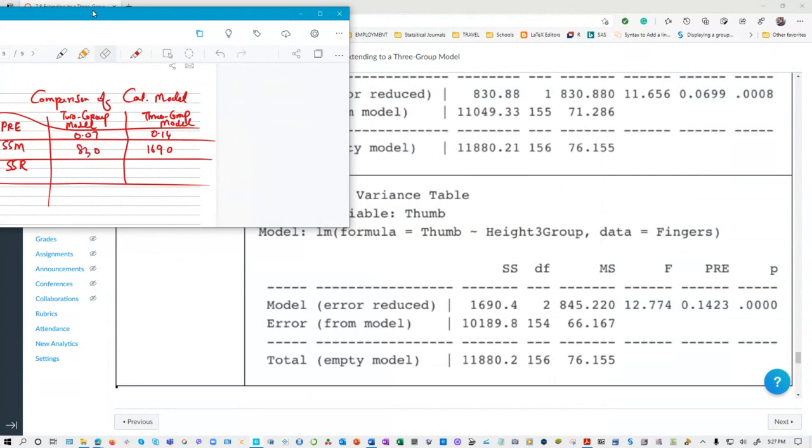This one is around 830, approximately. The residual: this one has 10,189, this one has 11,049.